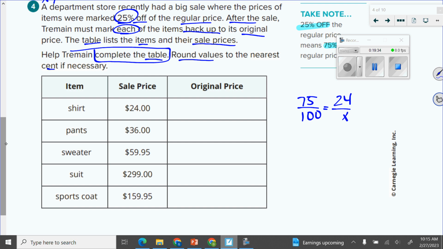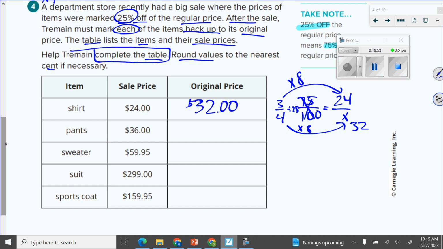So from this, 75 over 100, I can divide both those by 25. That gives me 3/4. How do I go from 3 to 24? Times 8. So I do 4 times 8, and I would get 32. So the original price on that was $32. Will all of those work out well? Probably not. But with 4 minutes left, we need to go to our homework.